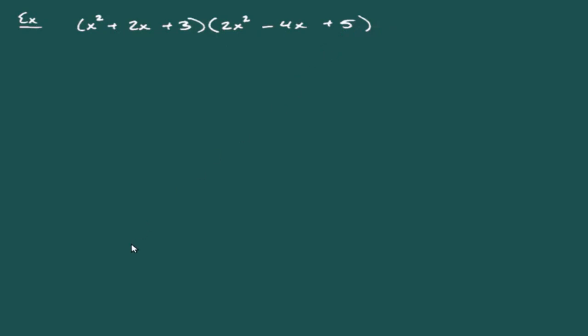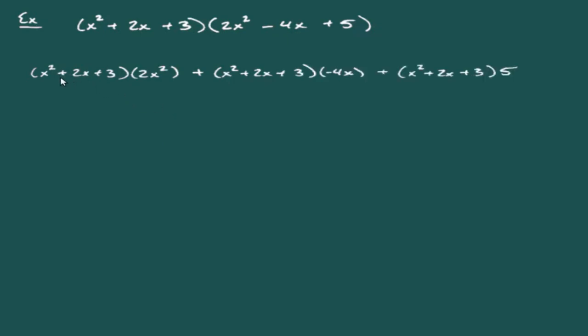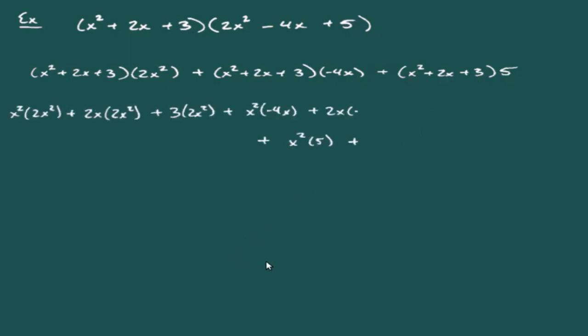Well, again, that x squared plus 2x plus 3 we treat as one object, and so that's going to multiply all 3 terms, so that we've got an x squared plus 2x plus 3 times our 2x squared plus our x squared plus 2x plus 3 times our negative 4x plus our x squared plus 2x plus 3 times our 5. Now we're going to use distribution again, so the 2x squared gets distributed to all 3. So we've got an x squared times a 2x squared plus a 2x times our 2x squared plus our 3 times 2x squared.